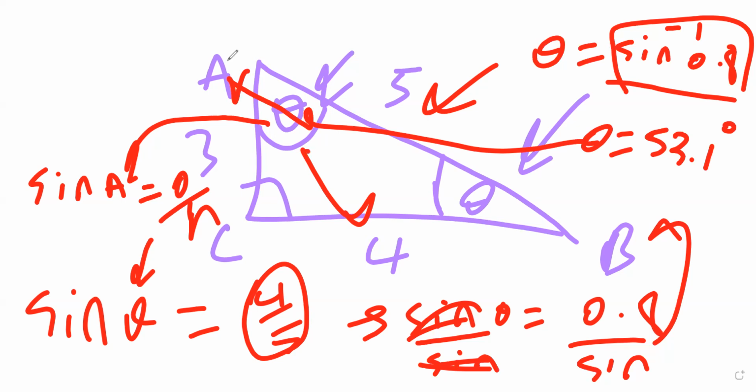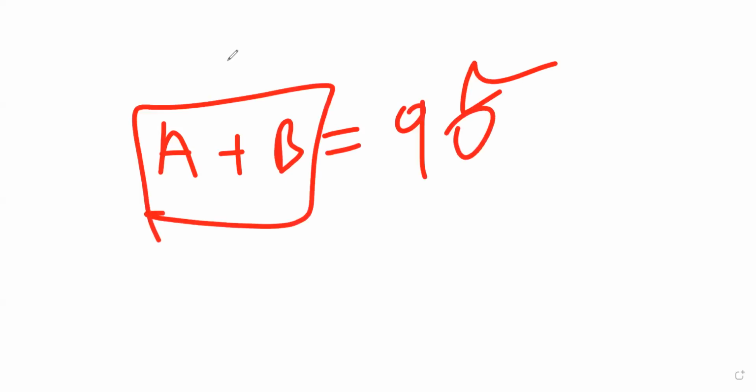Remember that A plus B must add up to 90 degrees. They are complementary angles.